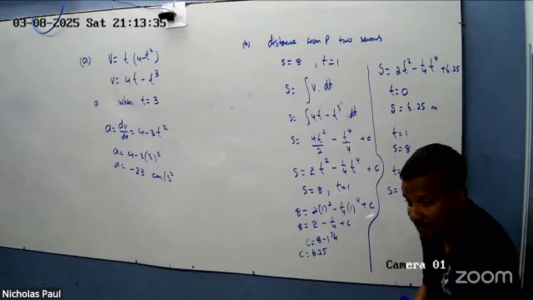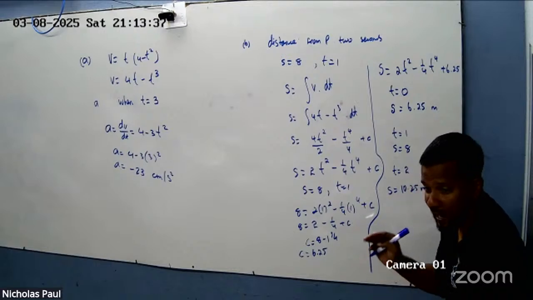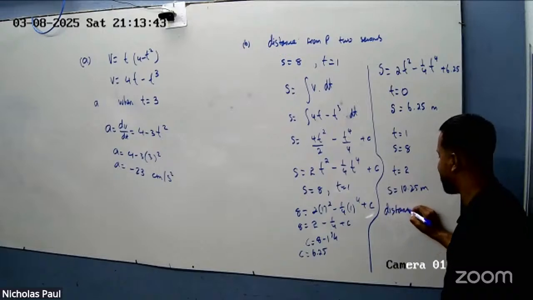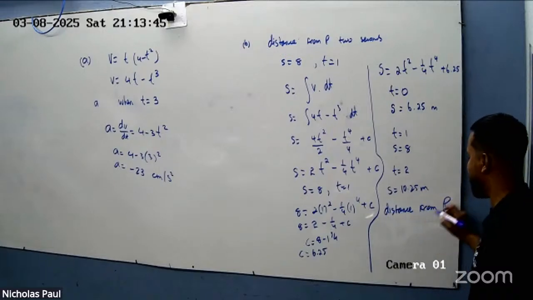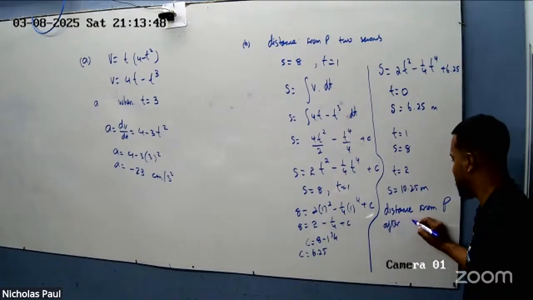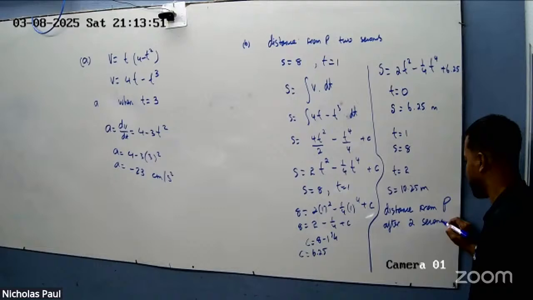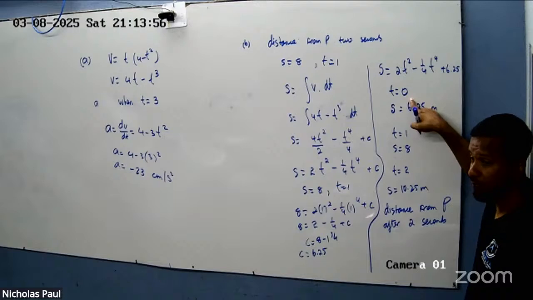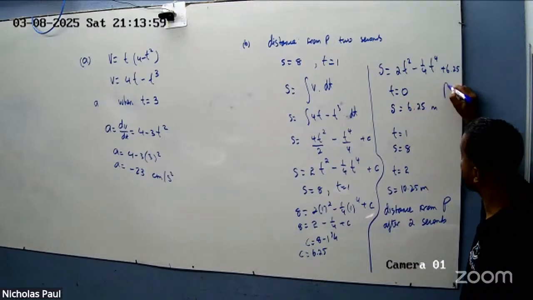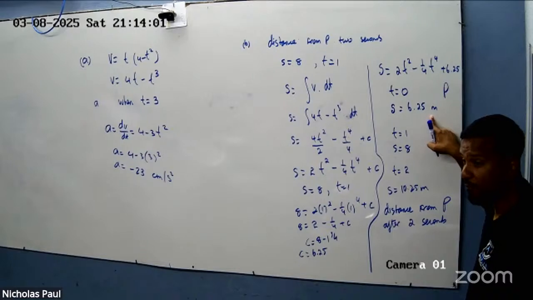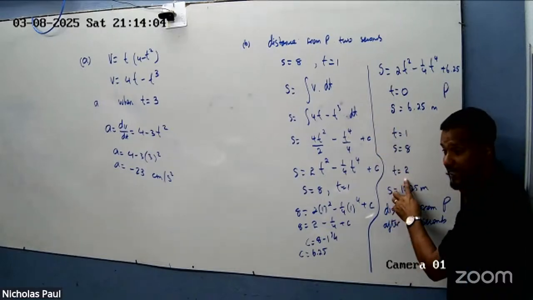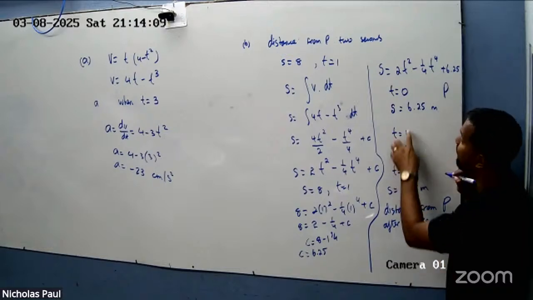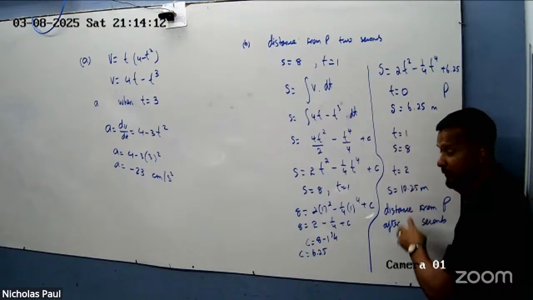The question asks for the distance from P after 2 seconds. So where is the particle in P? This is P at 6.25. So from t is 0 to t is 2, what's the distance? Take away 6.25 from 10.25.